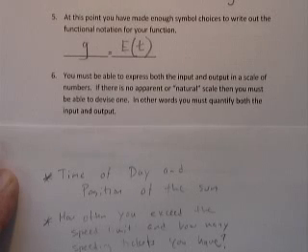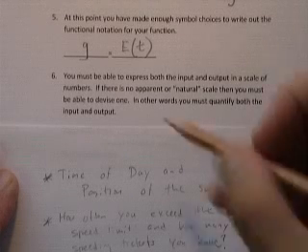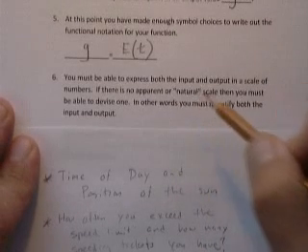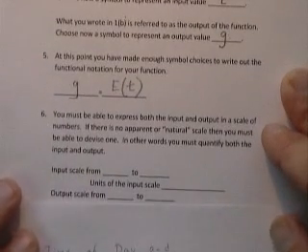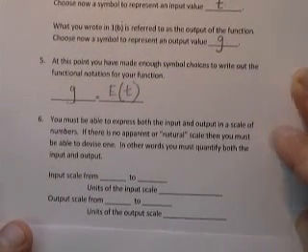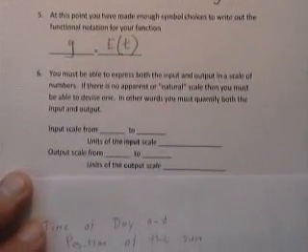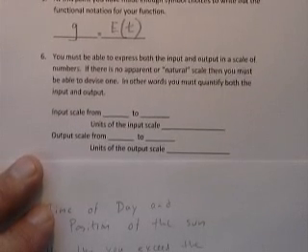If you can't, then you have to give up on that particular relationship as being one that you can communicate algebraically, and you have to go back to step one and start all over again with some other idea. You just didn't pick one that lends itself to this kind of communication.